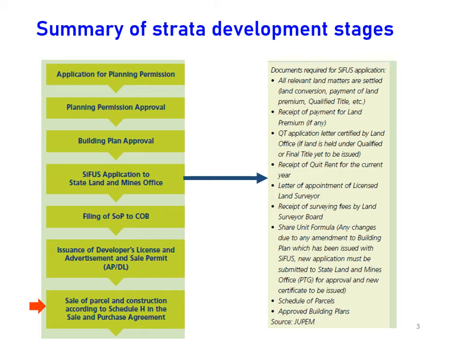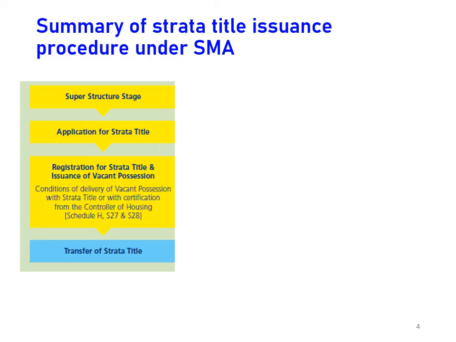Now, when can we apply for strata title if this is the process of development for a strata scheme? It's here during the strata superstructure stage, whereby the superstructure stage must be certified complete.